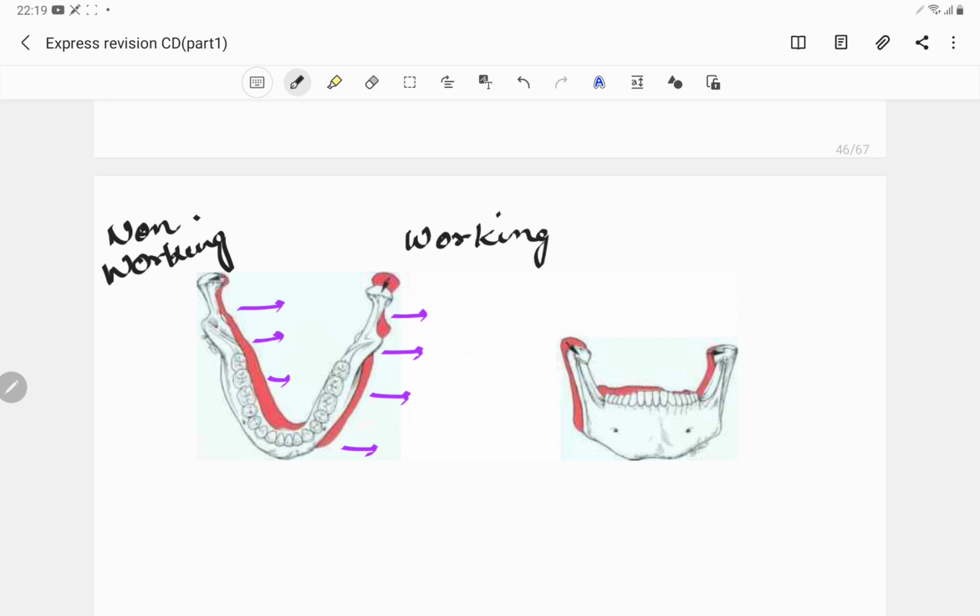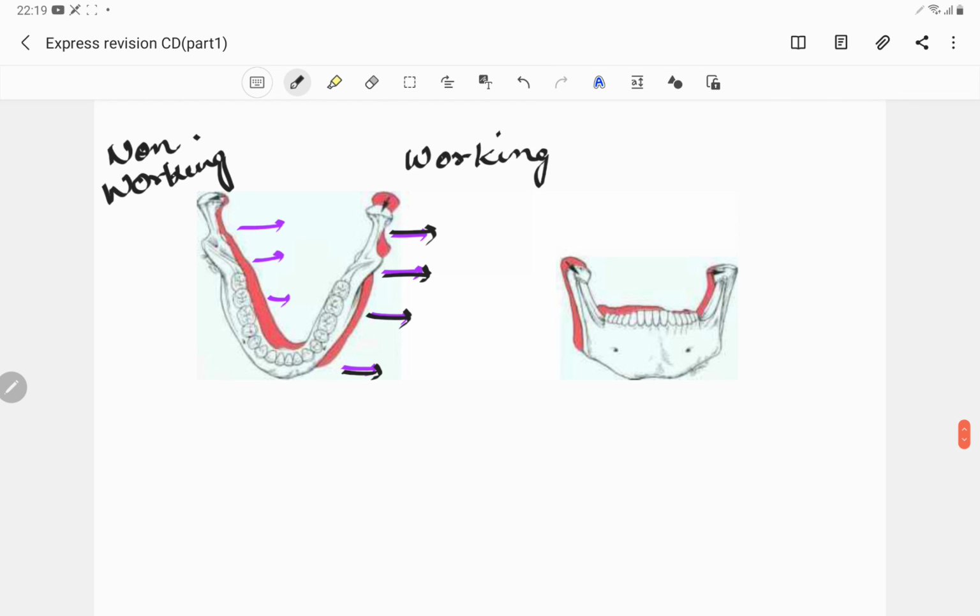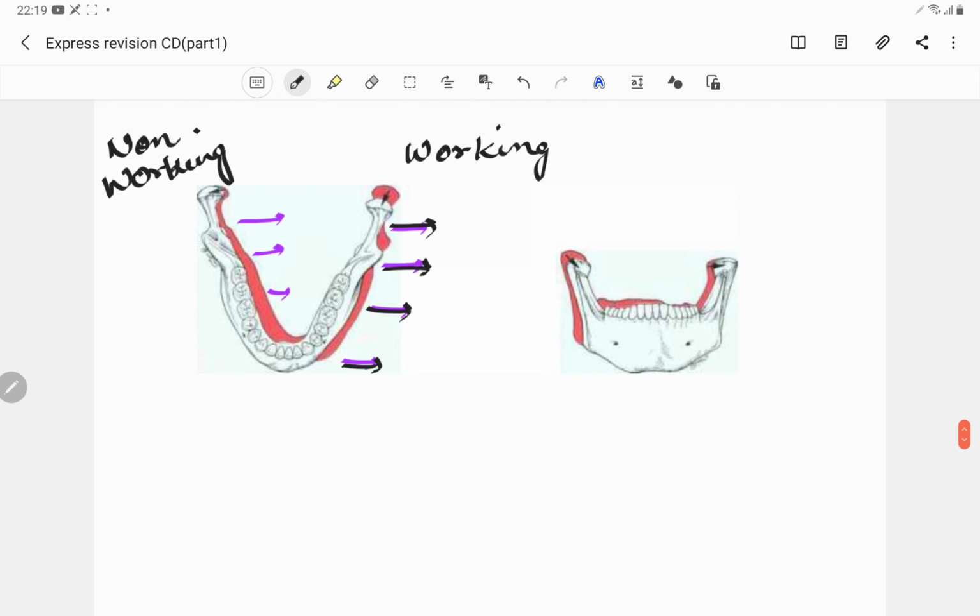If we are talking about movement towards this side, that is going to be the working side, very easy, and the opposite side is the non-working side. On the non-working side, there is going to be the downward, inward and forward movement. On the working side there is going to be the outward movement.